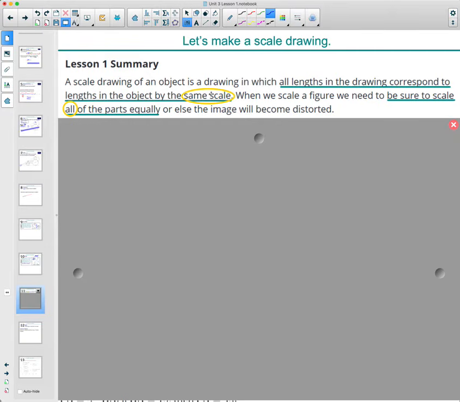So if we've only reduced the height by a half but not the width, then that doesn't work. So everything needs to be at the same scale. When we scale a figure, we need to be sure to scale all of the parts equally. So everything needs to be scaled the same. Otherwise, it'll end up distorted.